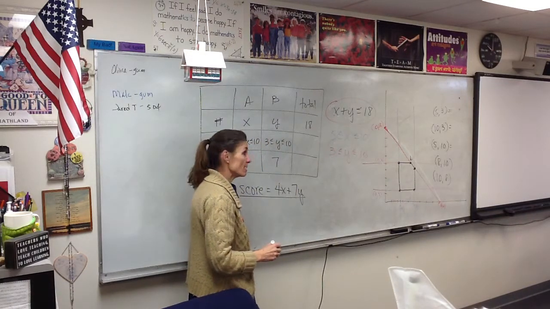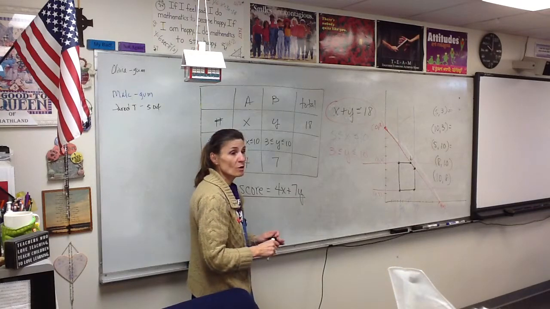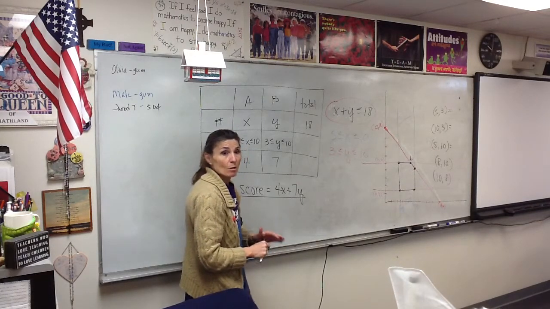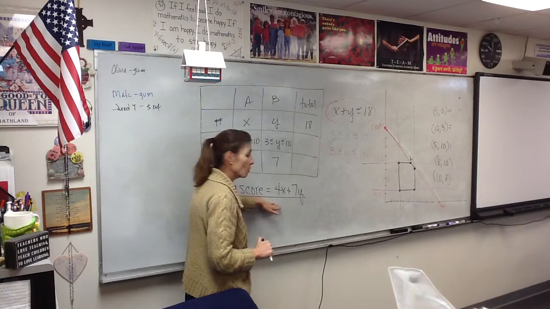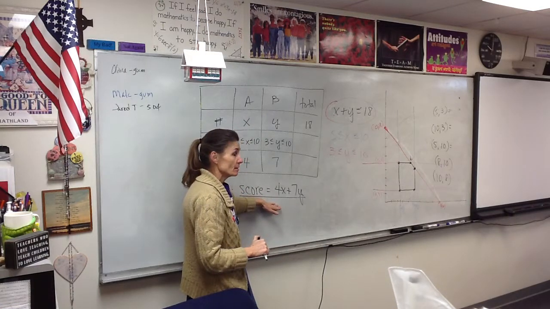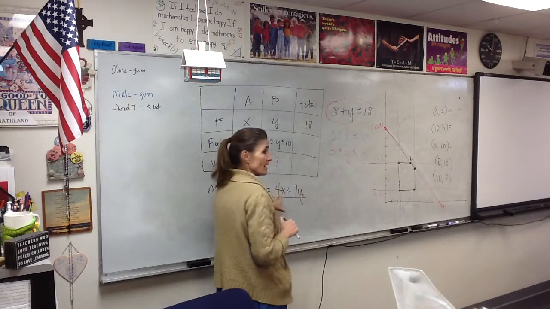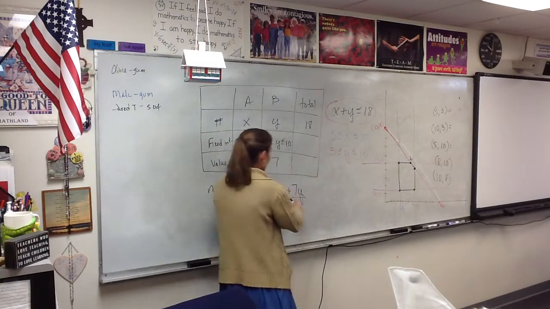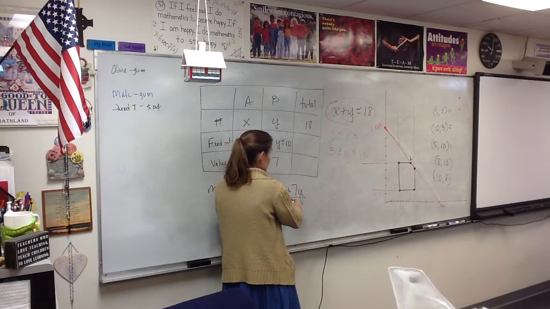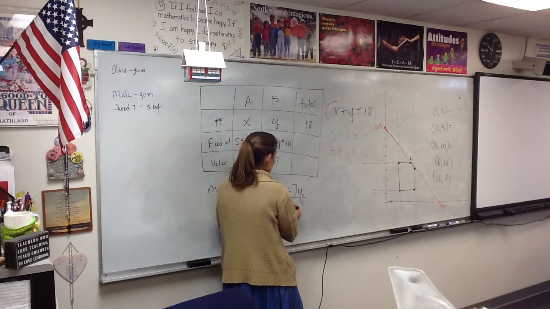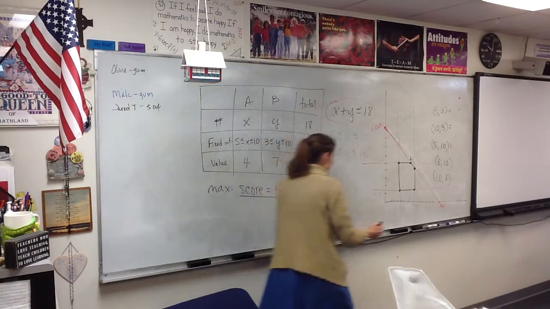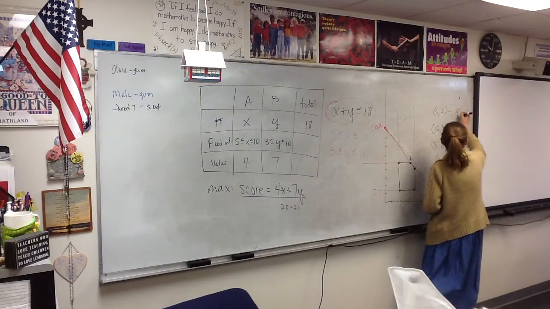Now we're almost done. What do we do with those 4 points? What do we plug them into? To what we want to maximize. So if we do 5 X's and 3 Y's, that'd be a score of 41.